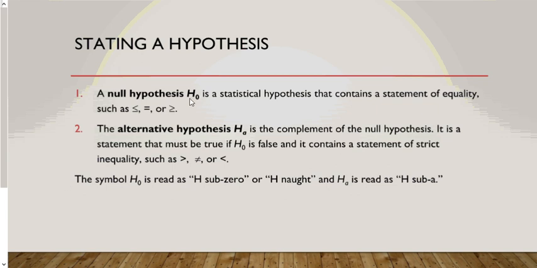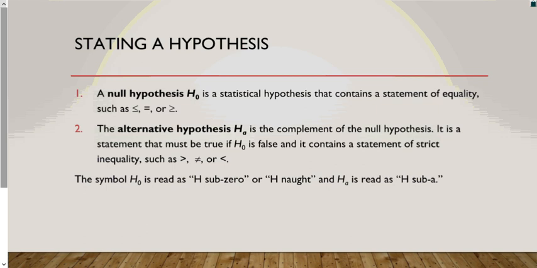Now, this H sub 0 is read as H null, the null hypothesis, or H naught. Any one of those is how you might read it. And it just means that it's the initial hypothesis. Now, the alternative hypothesis, H sub A, or sometimes people just call it HA, or the alternative, ultimately is what is going to be true if you determine that the null is not.